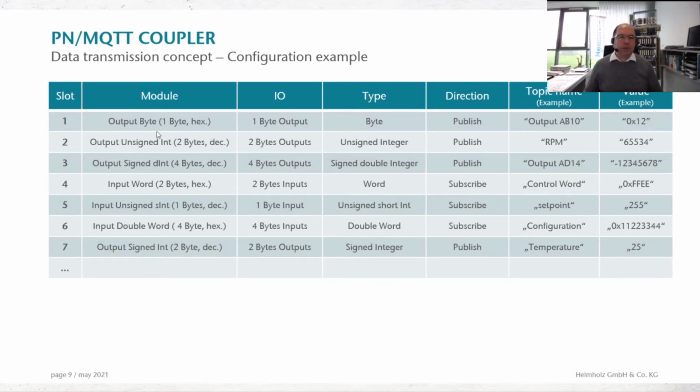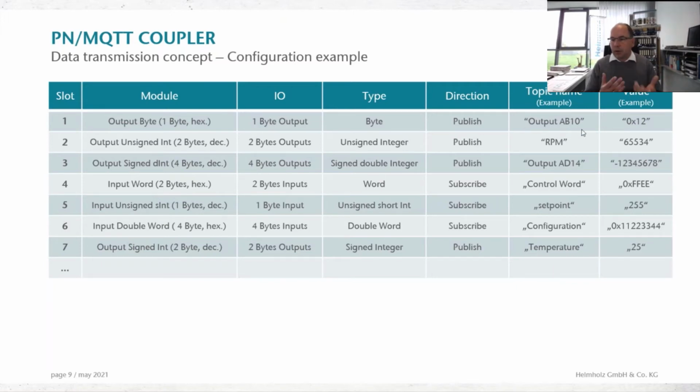For example, you can have an output byte, 1 byte, in hexadecimal. So I just want to send 1 byte, want to publish 1 byte, and the format should be hexadecimal. And then you see it will be published. You can give it a name, a topic name.